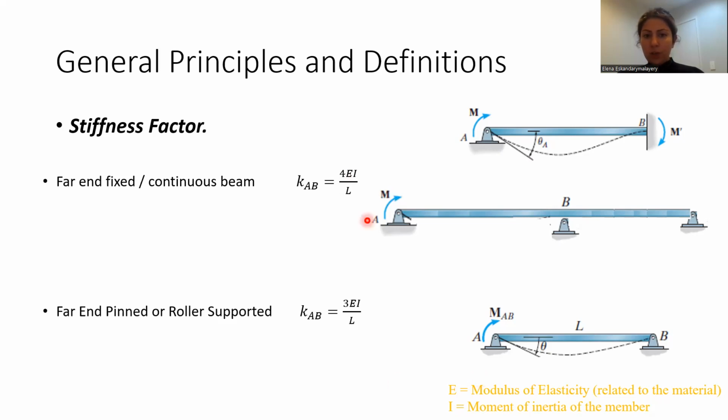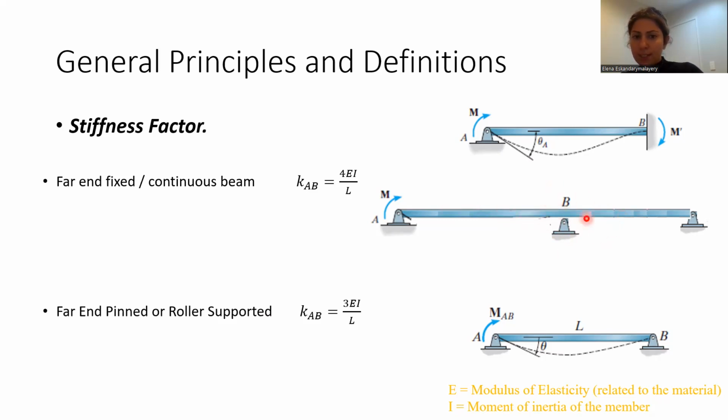So as you know, E is the modulus of elasticity, I is the moment of inertia for that member, and L is the length of this member. The other case is when you stand at A and the far end, which is B, is a roller or pin support, which is the end of your beam. So as you can see, we have a pin support here, but the beam on top of that is continuous.